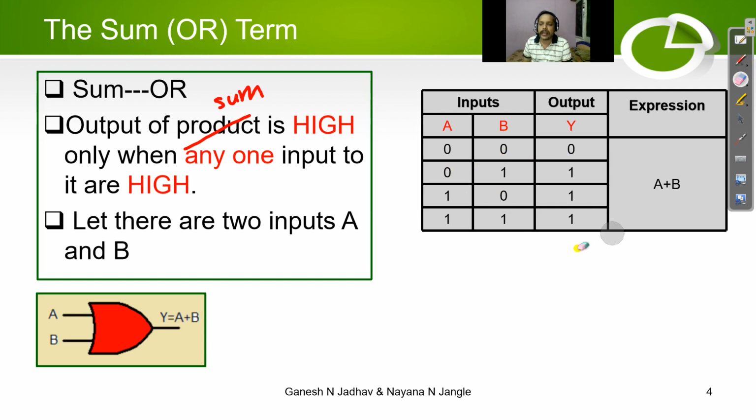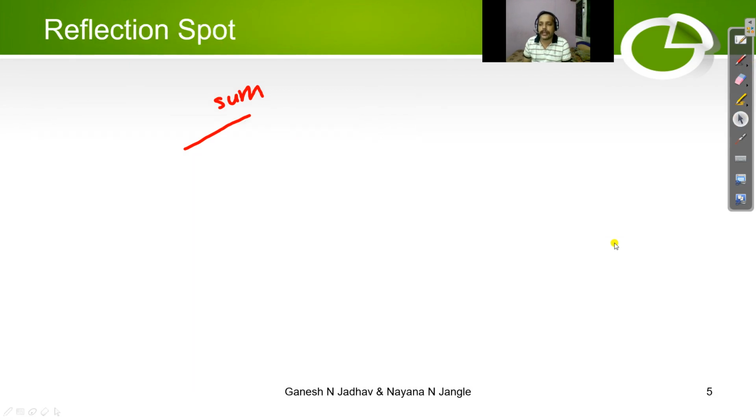This is the ORing operation. If any one input is present or both inputs are present, the output is present.